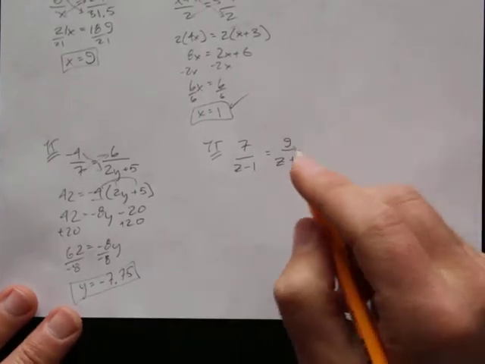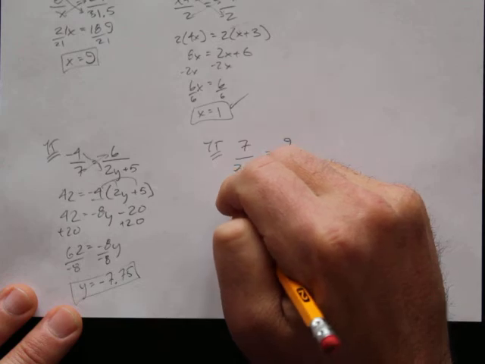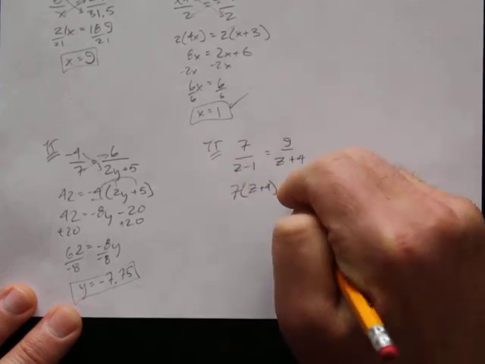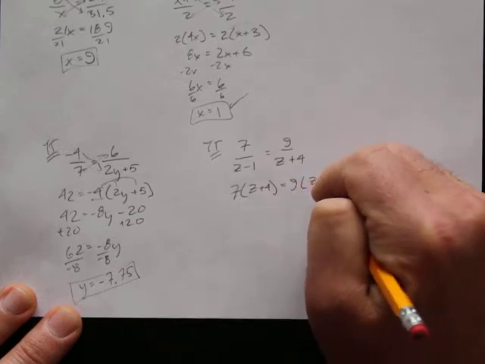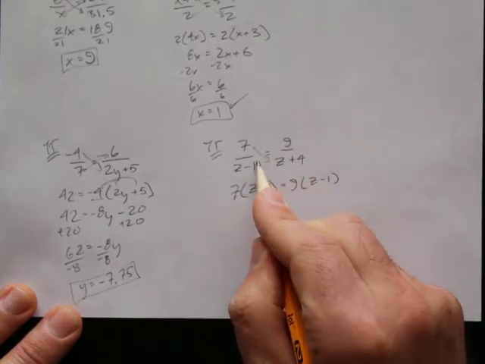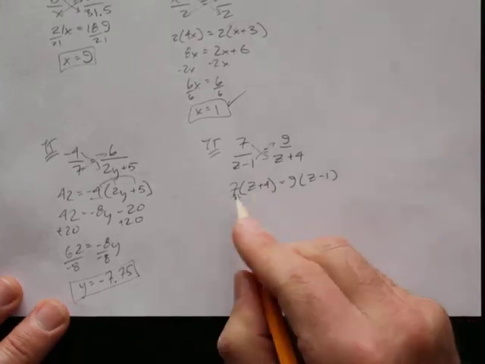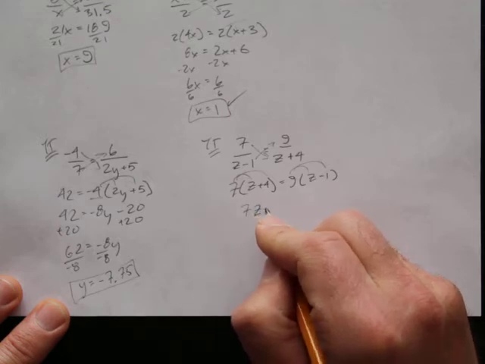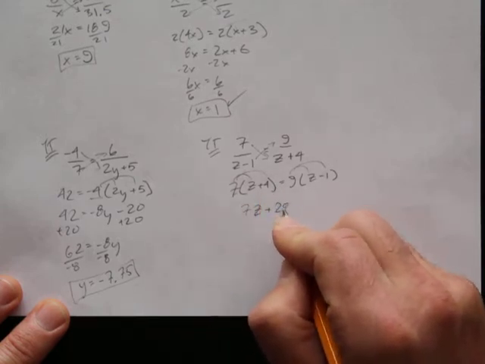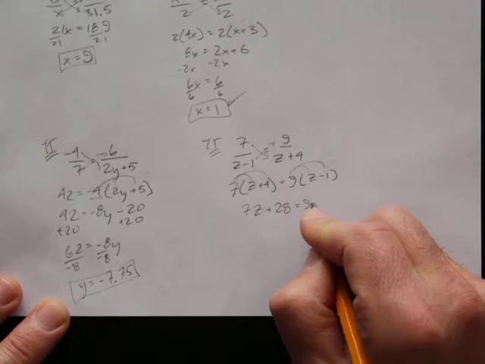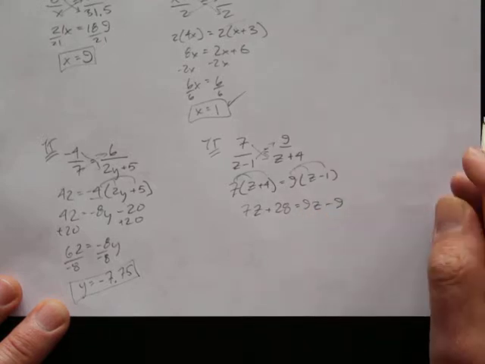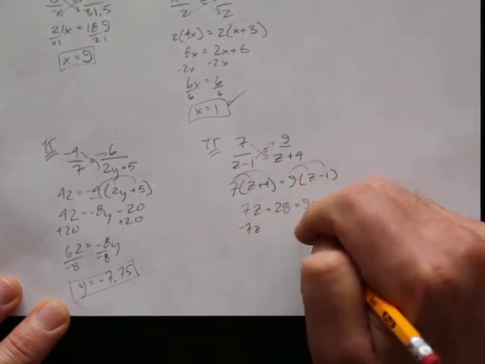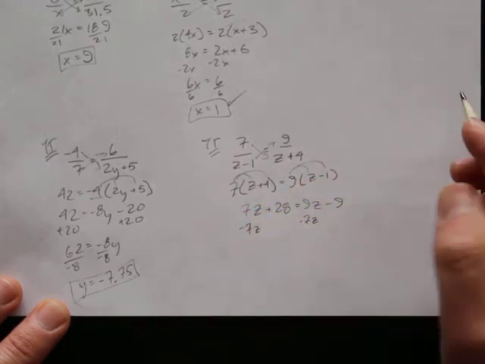And then let's do this one. 7 times z plus 4 equals 9 times z minus 1. So I just multiply that way and that way. I'm going to distribute here and there. 7z plus 7 times 4 is 28 equals 9z minus 9. Now I am going to subtract 7z from both sides, and since we're in geometry, I can do two things at once.